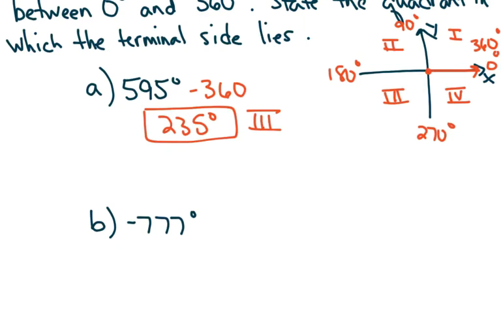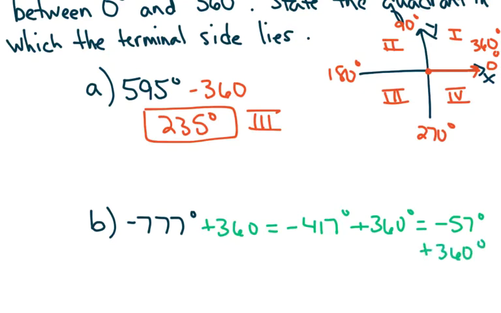Let's do that again with negative 777 degrees. Well, I want you to notice that's a really small number. So to get a positive, I'm going to have to start adding 360. The thing is, though, I want you to notice that when you add 360, you're still negative. So you're going to do it again. And you're going to keep doing it until you get a positive number. So now I'm at negative 57 degrees, so I'm going to add 360 again.